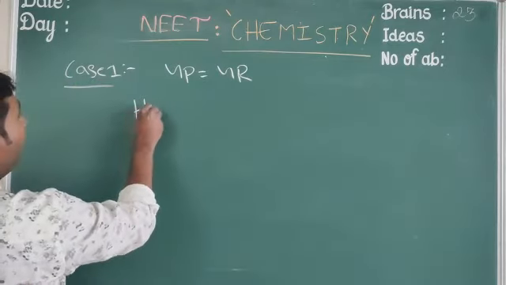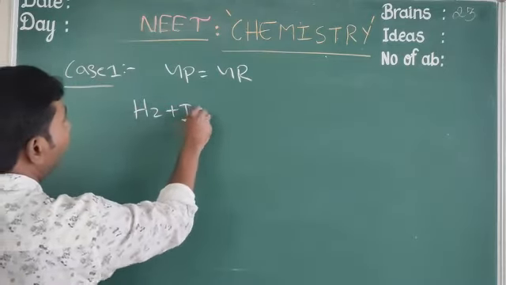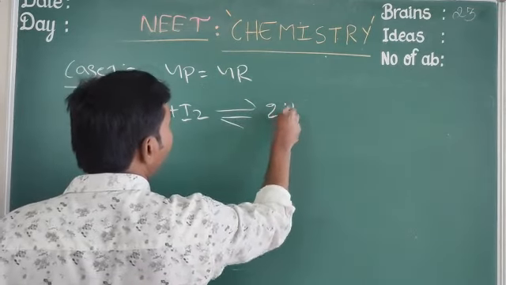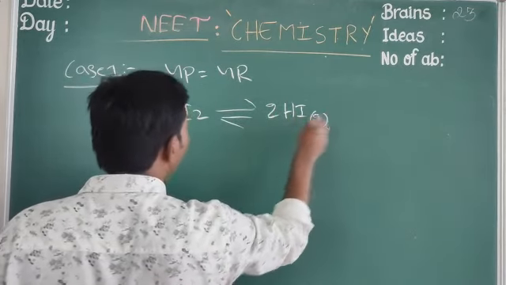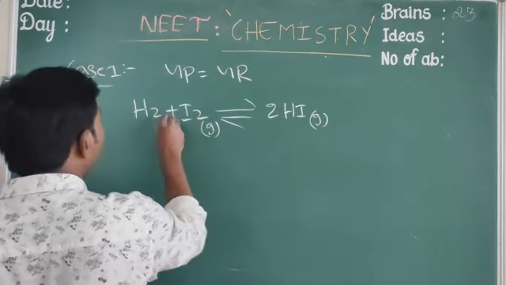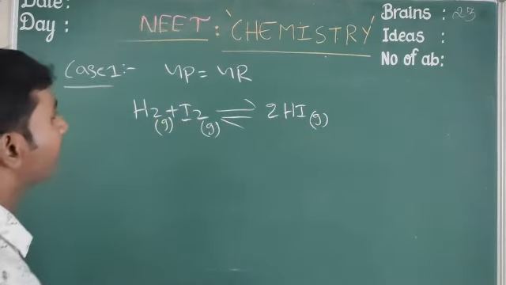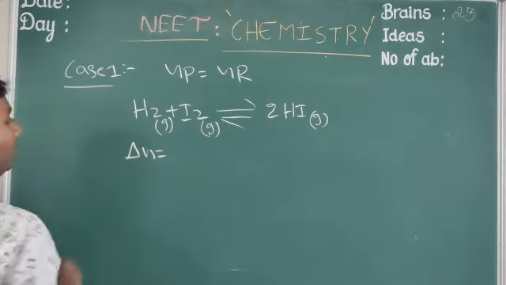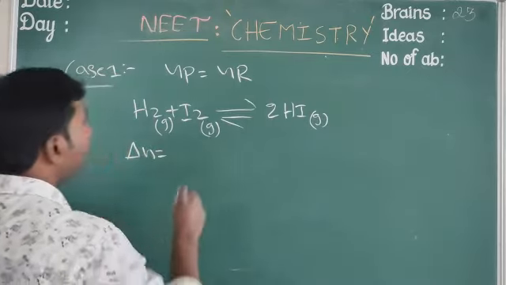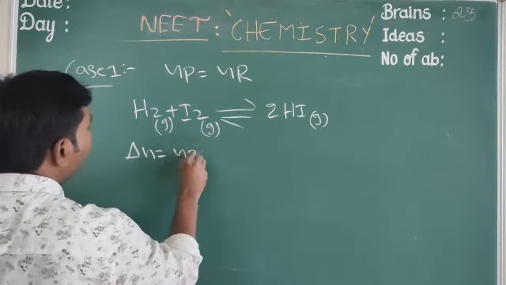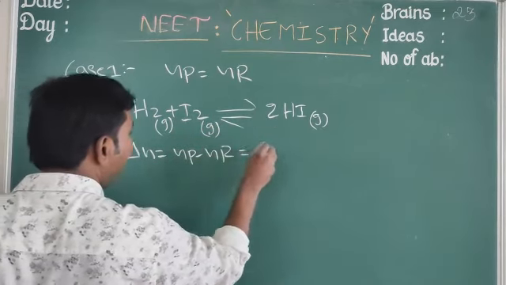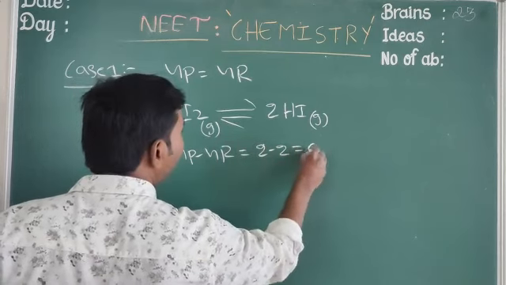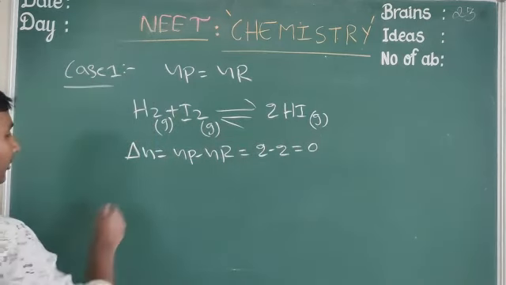For example, H2 plus I2 gives 2HI, all are gases only. Now Δn equals number of moles of product minus number of moles of reactant, 2 minus 2 equals 0. Δn equals 0.